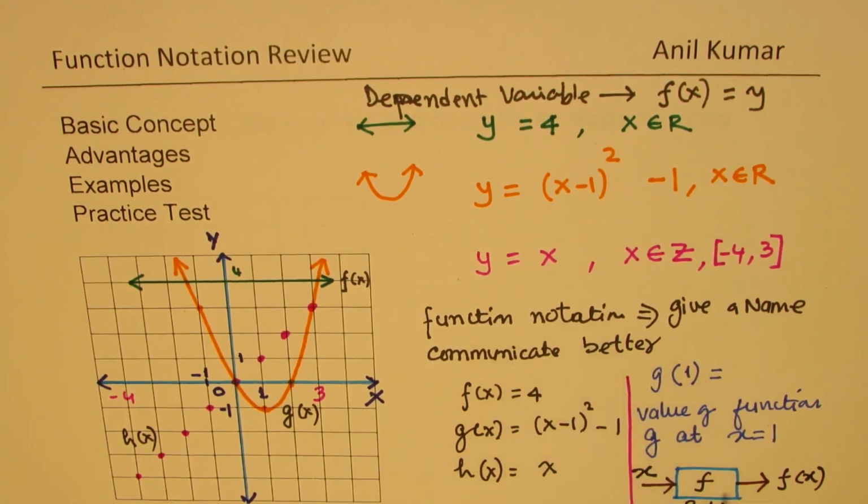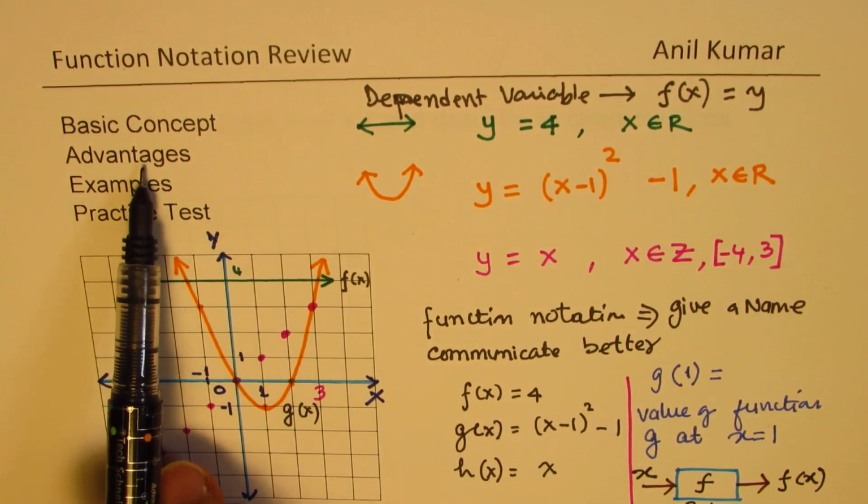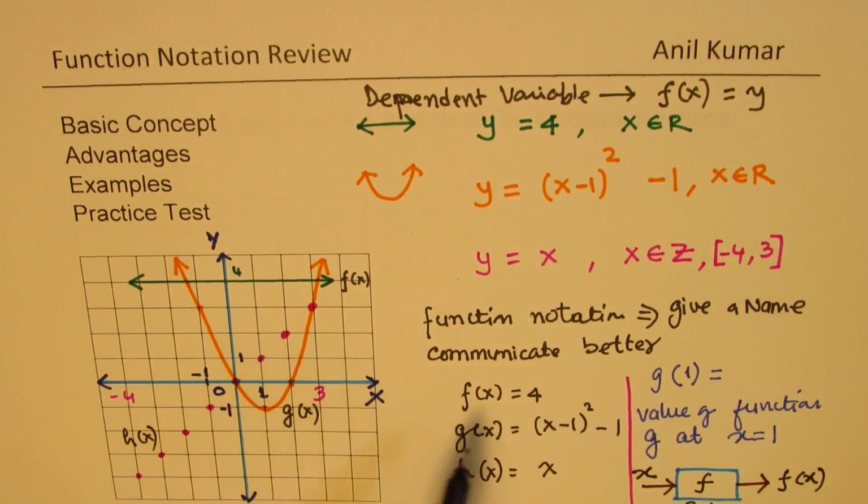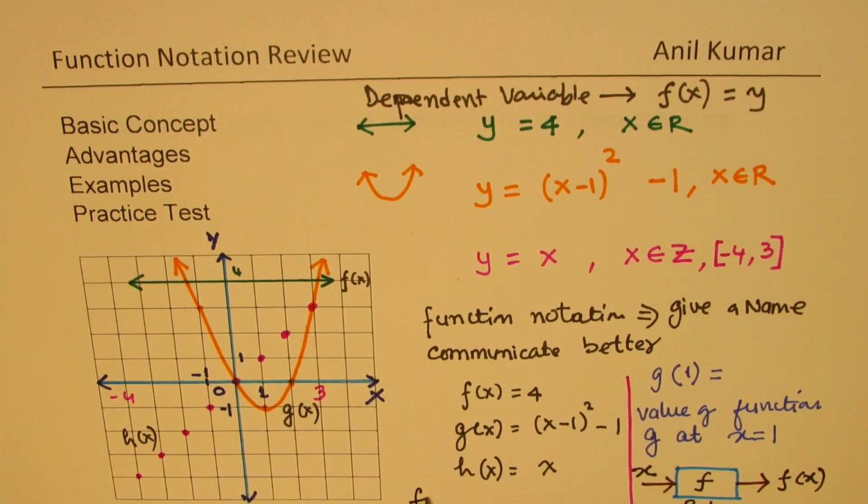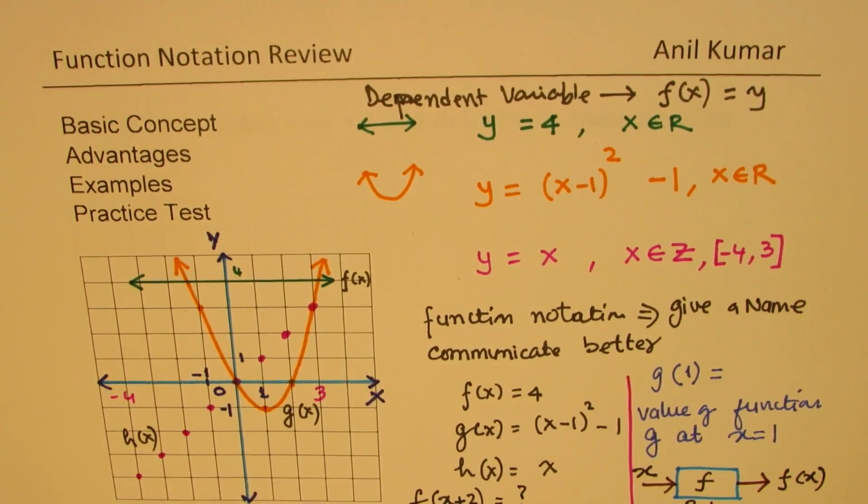And now clearly you can see a lot of advantages. One is we can refer to each function by its name and communicate better. We can also do some operations with the function using this notation. For example, now if I know f of x is 4, we can also find what is f of x plus 2. F of x plus 2 equals 2, correct?